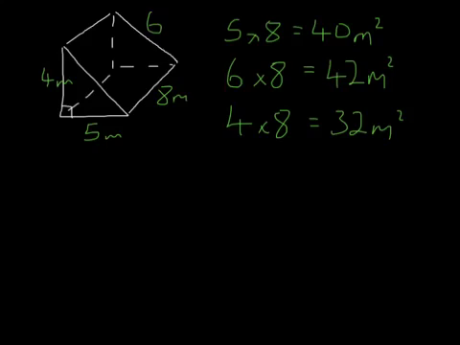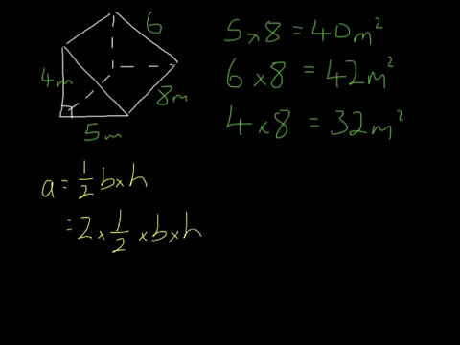Now if you remember the area for a triangle, it is a half times the base times the height. And I have 2 triangles here. I have the front and the back. So in total I'm going to have 2 times a half times the base times height.